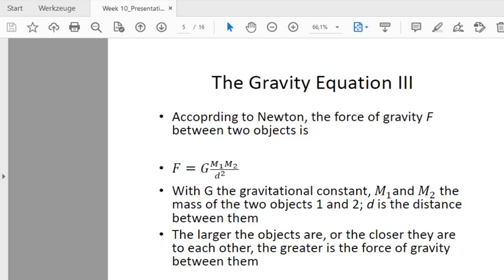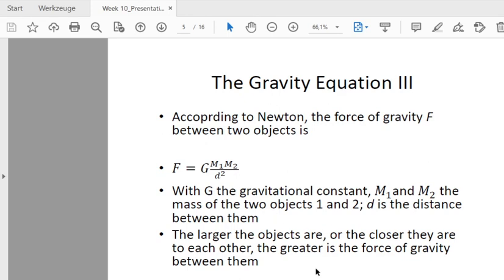According to Newton, as you might know, the force of gravity, capital F, between two physical objects is equal to a gravitational constant and the product, the multiplication of the masses of objects 1 and 2, divided by the squared distance between both objects.